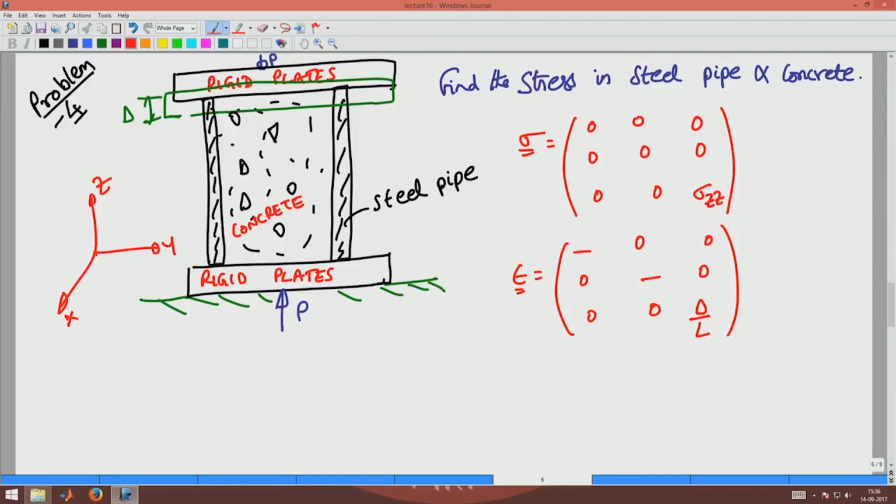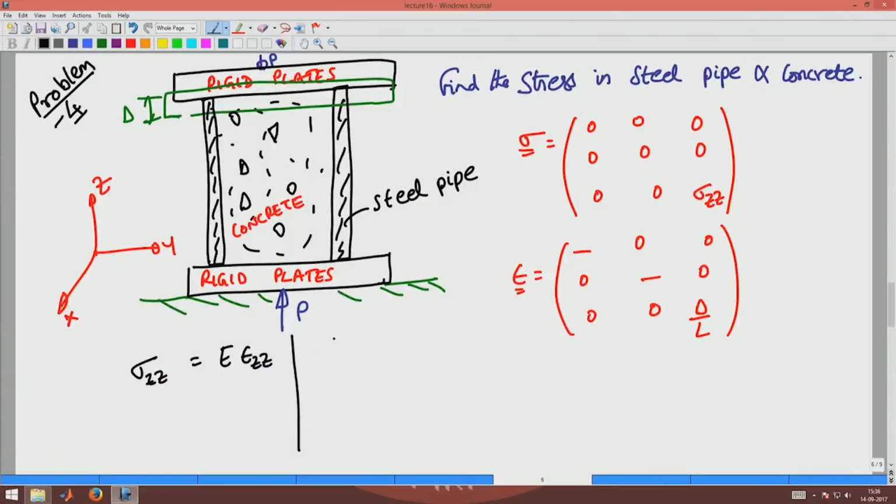Now, the stress and the strain are related through the constitutive relation. Sigma ZZ is E times epsilon ZZ, right. This is broadly if the member were made of the same material, but I have now the body made of two materials. So, what will happen?